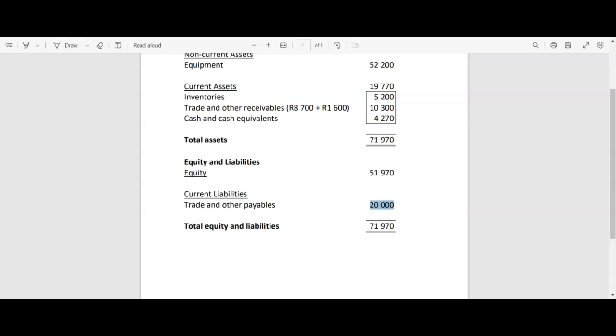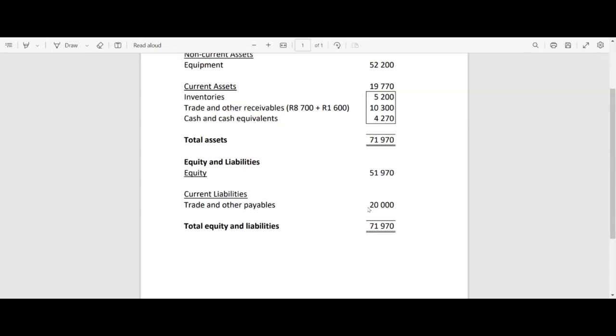Remember, we purchased equipment for 24,000, but we've paid 4,000 of that 24,000. So the remaining balance outstanding at the end of this month is 20,000. So we add up our total equity, which is our owner's capital. If we had any non-current liabilities, we would add them to non-current liabilities.